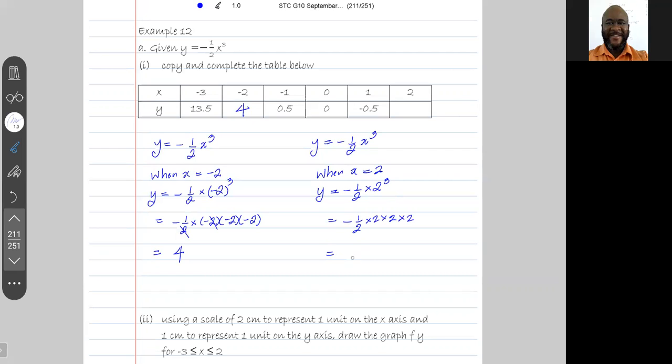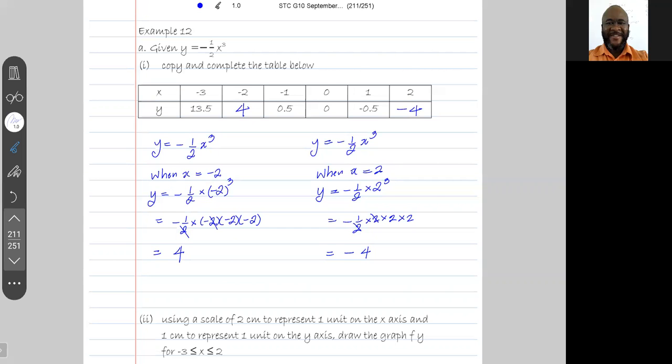There's only one negative, so the answer must come out negative. Once you're multiplying and you only have one negative, the answer must come out negative. 2 cancels 2, 2 2's 4, this is -4. So the value of y here when x is 2 is -4.